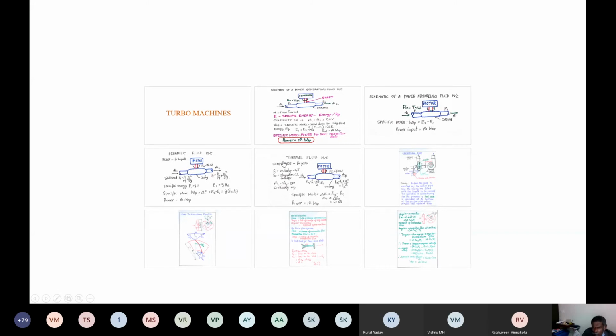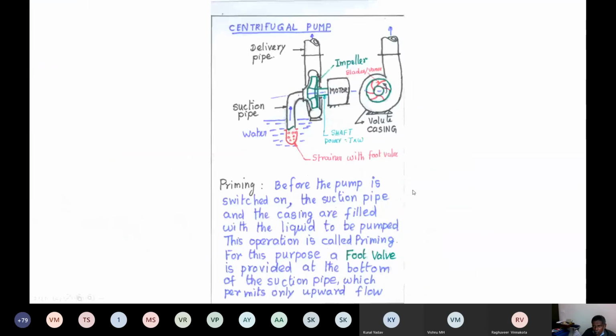See, in pump, there is one important thing called cavitation and limitations in the suction. See, when you have the centrifugal pump, on the suction side, if the water level falls below about some 8.5 meters, the pump will not be able to pump. So you have the axis of the motor or the impeller.